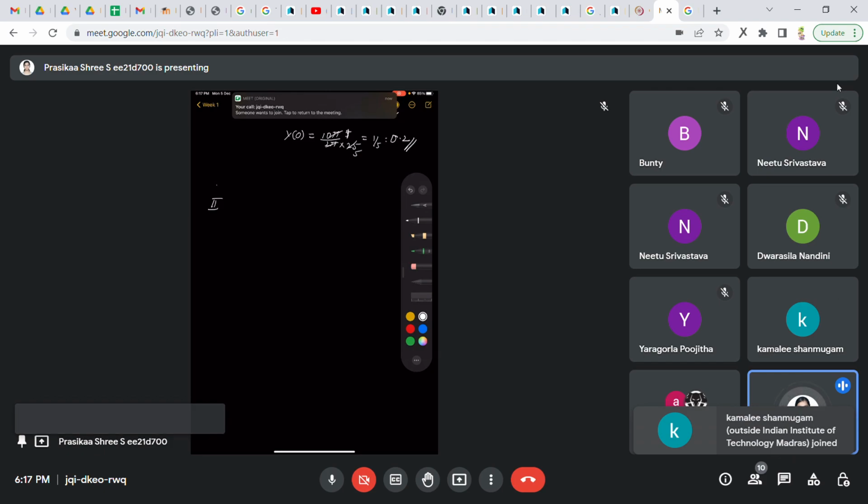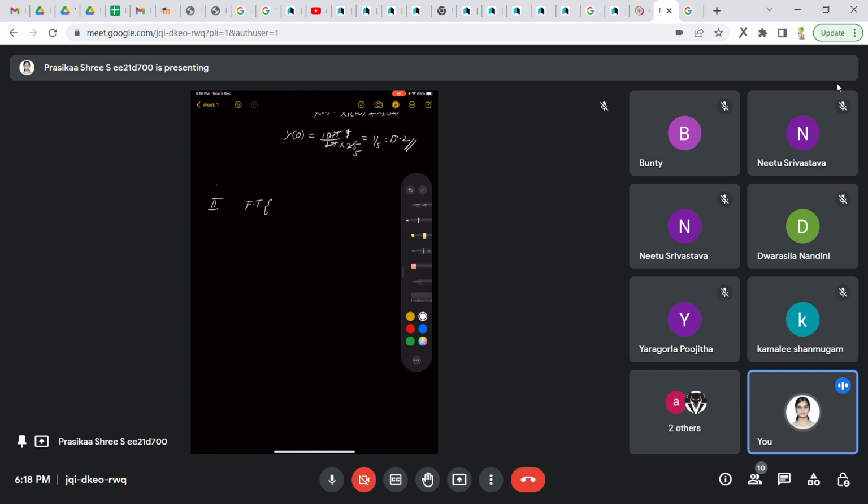So the second method is like this. What you can do is use Parseval's theorem. What is Parseval's theorem?